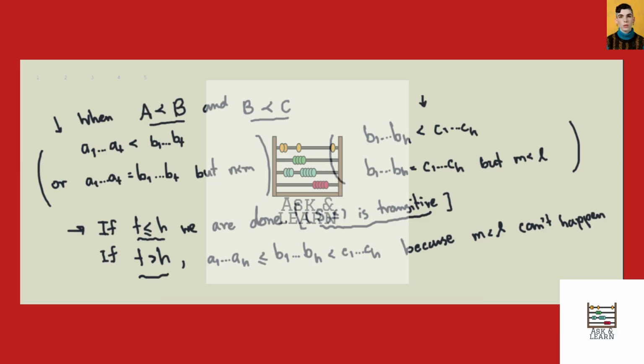If, on the other hand, T is greater than H, the last case that we are left with, that means that since T is the minimum of N and M, right? H can be M. I will write it like this.